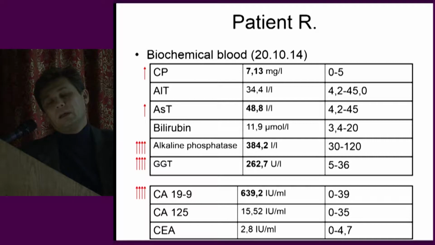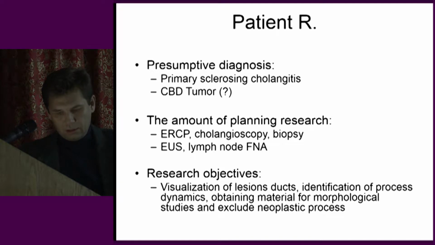In terms of the biomarkers, the CA19-9 was elevated, which made us think about one of the complications, sclerosing cholangitis developing into cholangiocarcinoma.